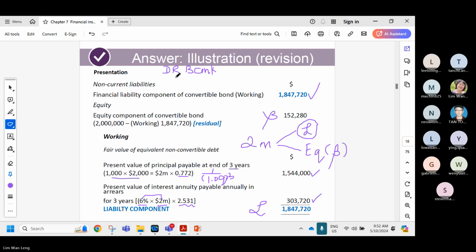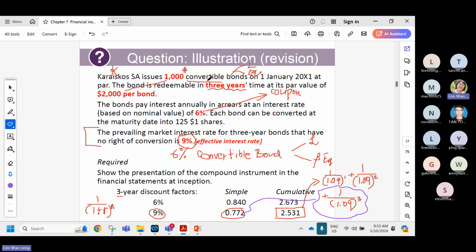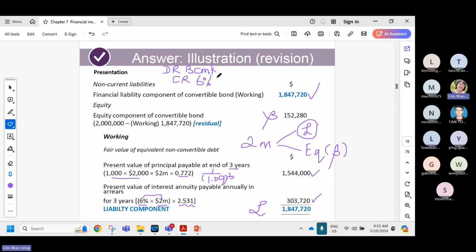Then you split: credit 6% bonds, which is the liability component, 1,847,720.